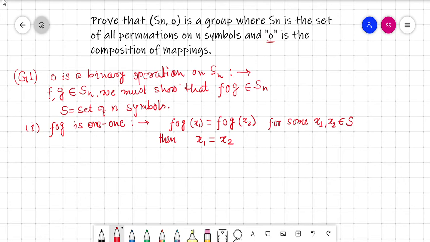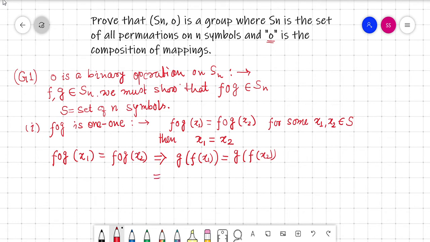So let us show this. Look here, f composition g of x1 is equal to f composition g of x2. By the definition of composition, f composition g of x1 means g of f of x1, and f composition g of x2 means g of f of x2.